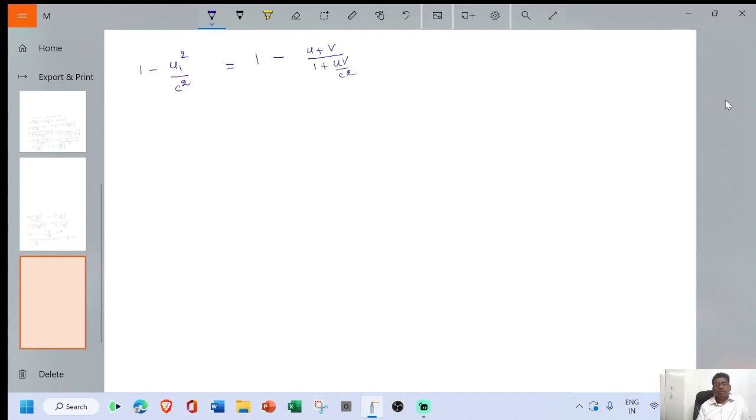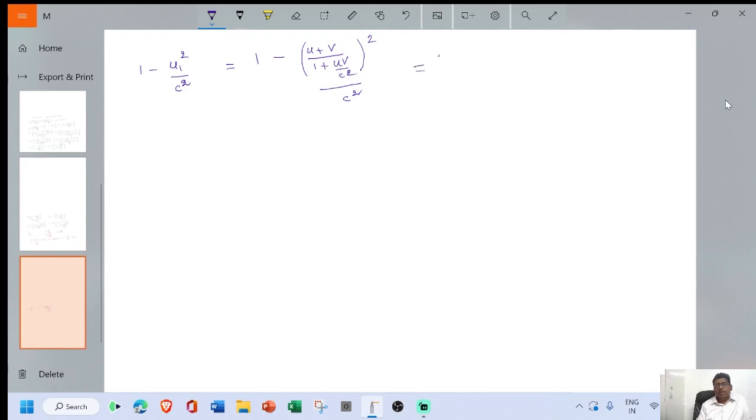This is the value of u1, its whole square divided by c square.